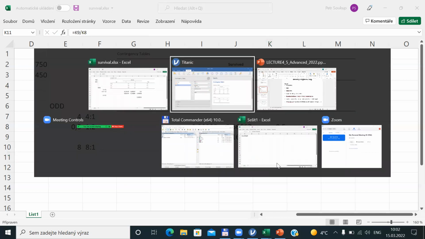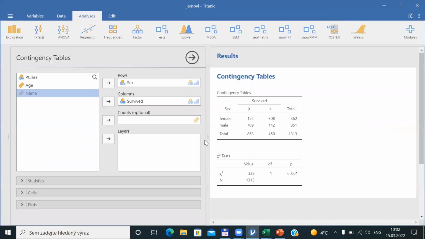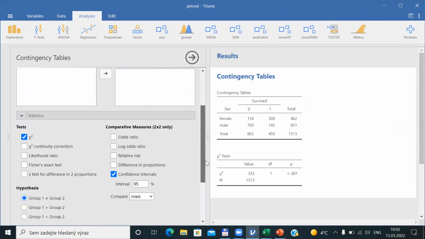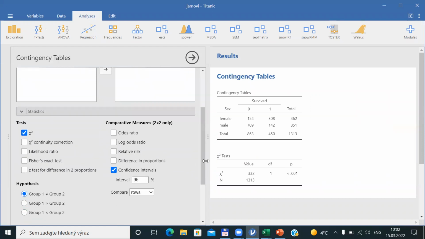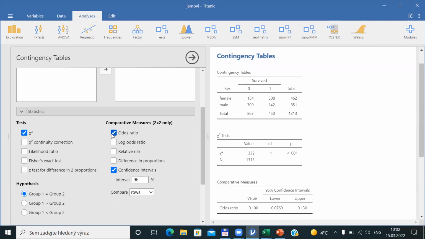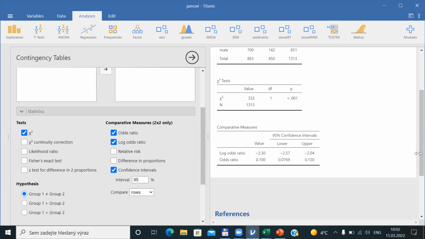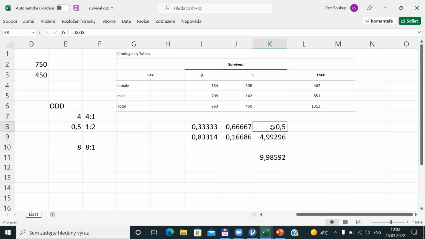So this is the first insight. I will only go into some details. If you would go here into statistics, and the same style can be found in JASP as well as in SPSS, you can directly ask for the odds ratio. So here it is. And you can also ask for the logarithm of this odds ratio. So here it is. Only be careful that the odds ratio currently is 0.1, as it is computed 0.5 divided by 5.